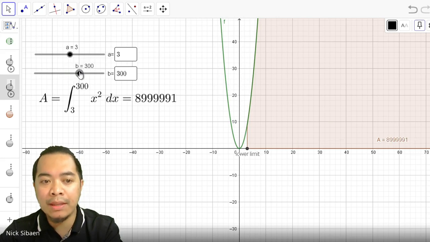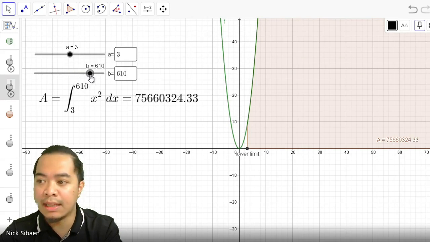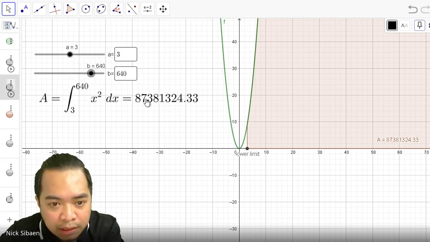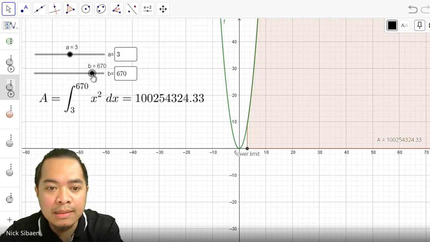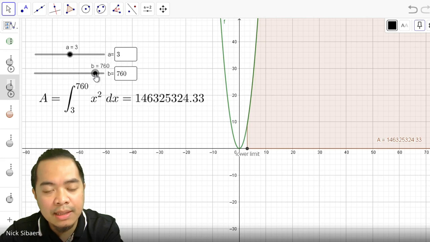Now, what happens to the integral? By geometric representation, the area computed. Nakikita natin na umaakyat din yung ating mga numbers dito. This is like in million already, 87 million plus, hanggang sa magiging billions na yata yan.